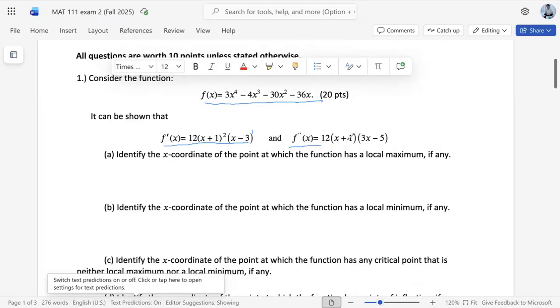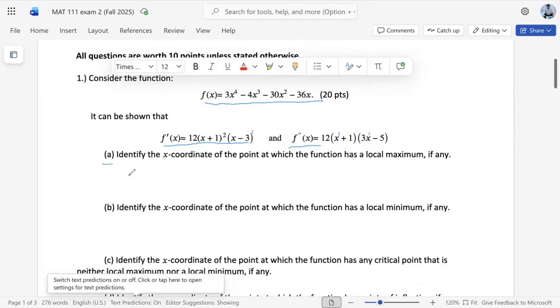The second derivative has to be quadratic, right? This is raised by 1, raised by 1. So this is a polynomial of degree 2. So the original function is degree 4, the first derivative degree 3, the second derivative degree 2. Those are given, so we don't have to take a derivative of this.